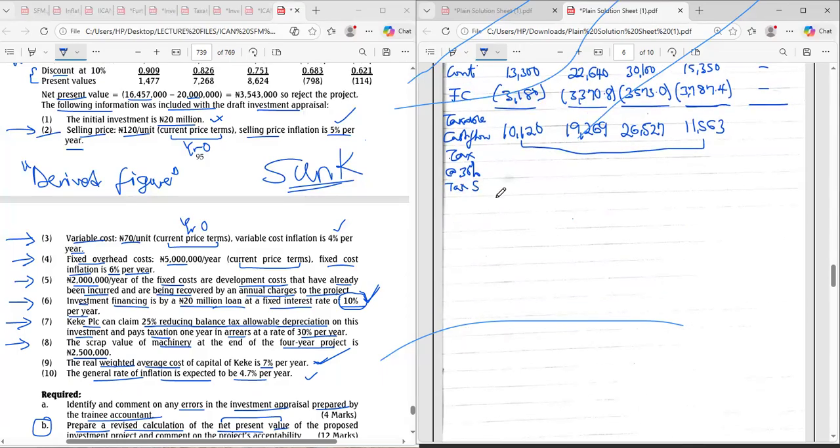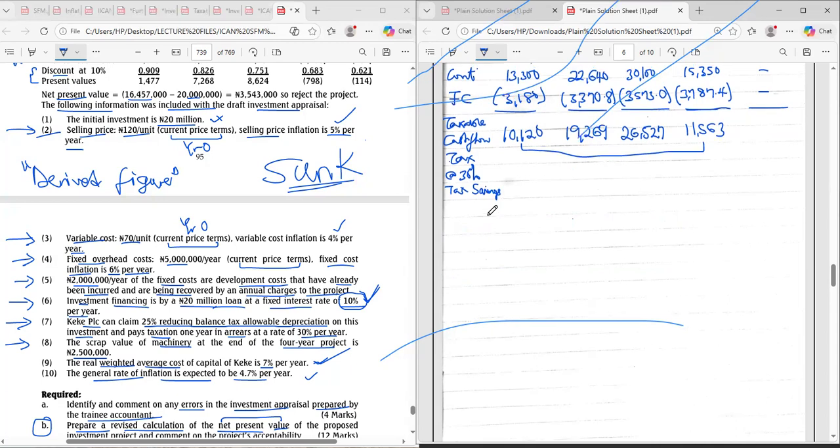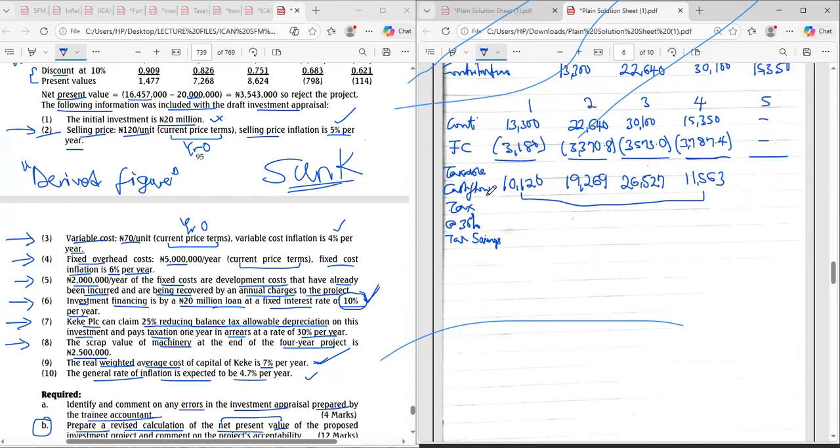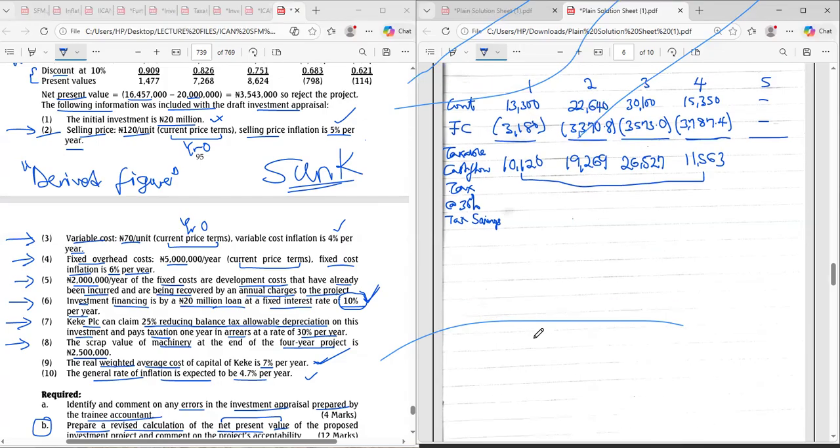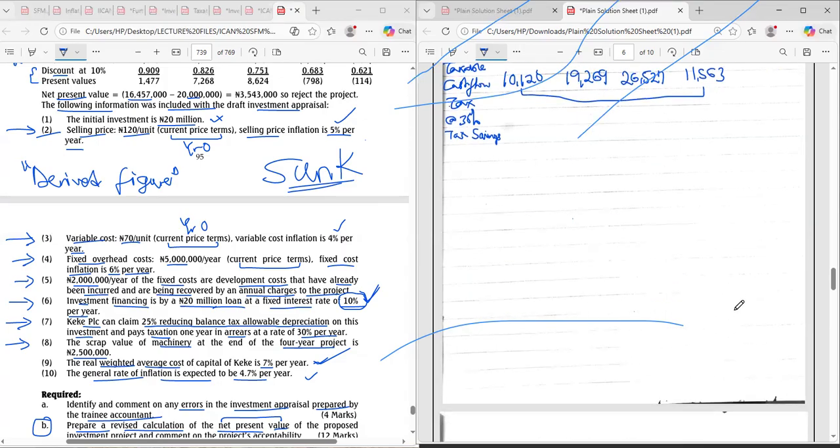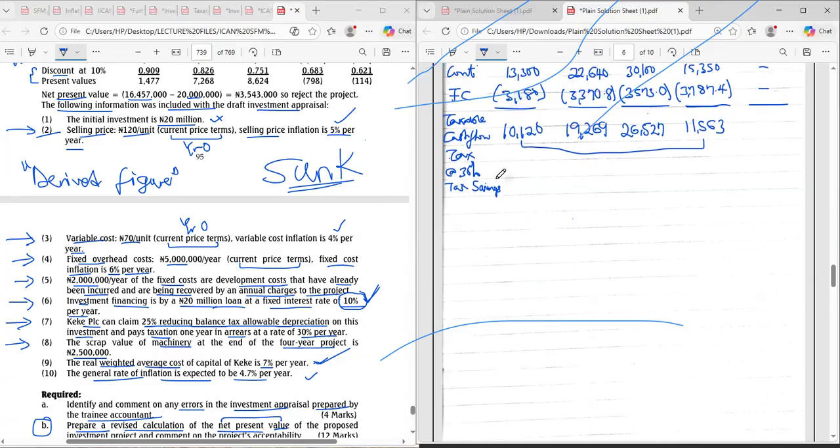This should not be a problem because we've done it in our part 1. Does that make sense now? If I have to calculate my taxes on the cash flows, I'm going to include tax savings. But if I have to calculate my taxes on net profit, which will require me to go and do the working somewhere else, I do not need to include tax savings. So let me use this method for now.